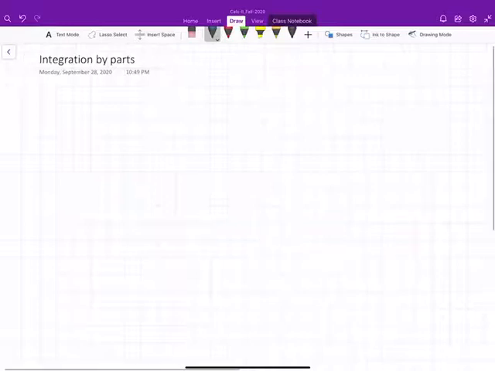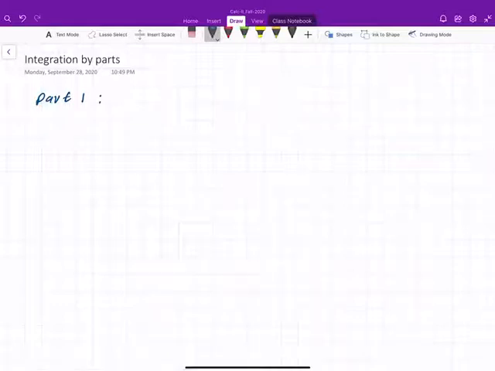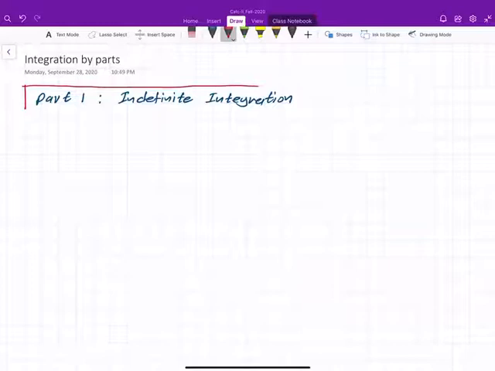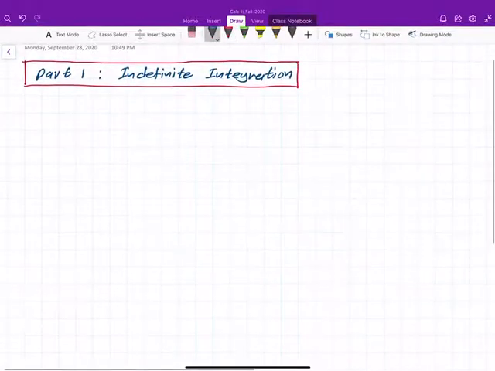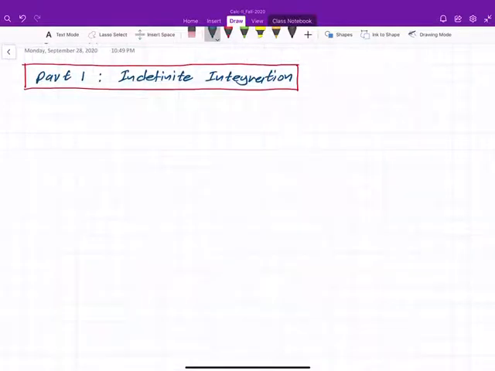Let me write the first part, part 1, which is indefinite integration. First of all, I will give you the method section, the method of this.